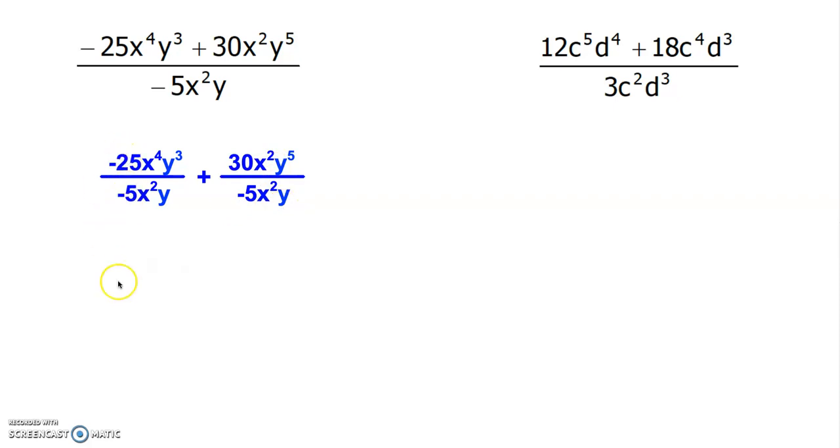So negative divided by a negative becomes a positive 5x squared y squared. And here I have 30 divided by a negative 5, so notice how this becomes subtraction here instead of a positive. The x squareds actually reduce away, and then I have y to the fifth over y, which becomes y to the fourth. And this last problem is on your own.